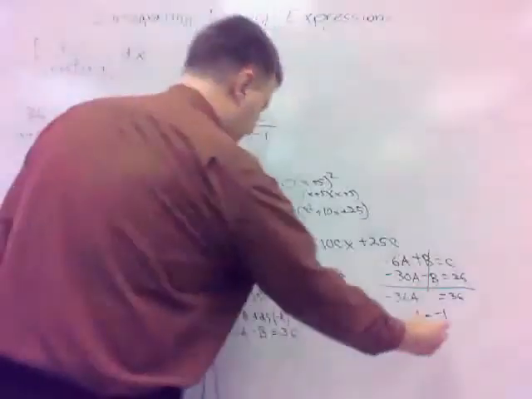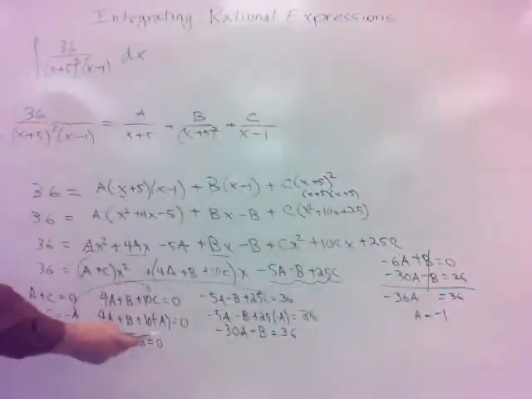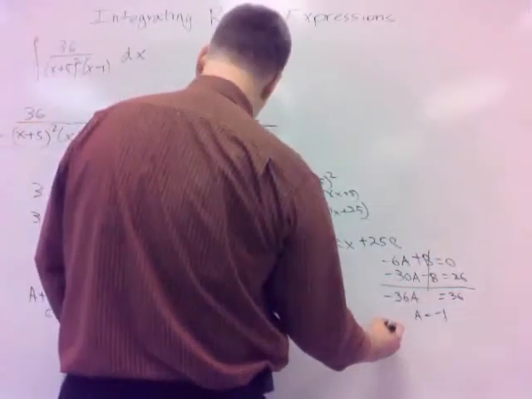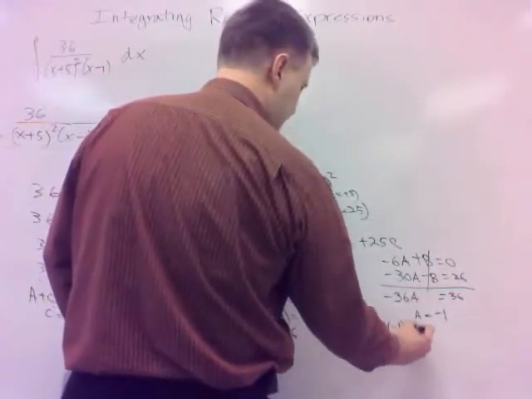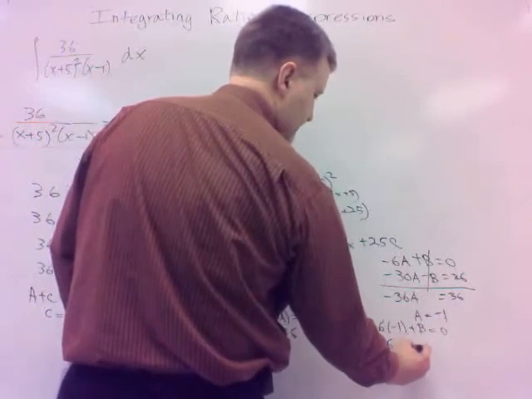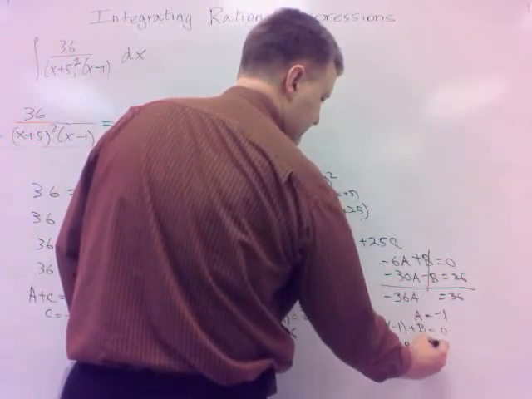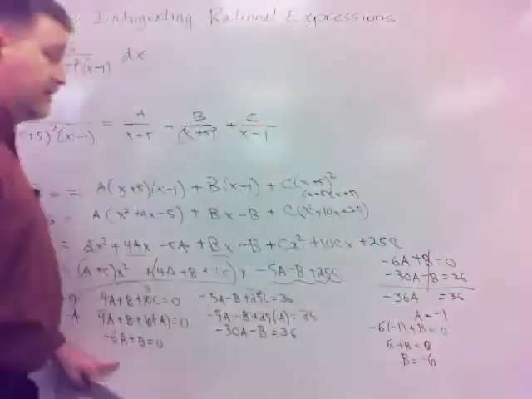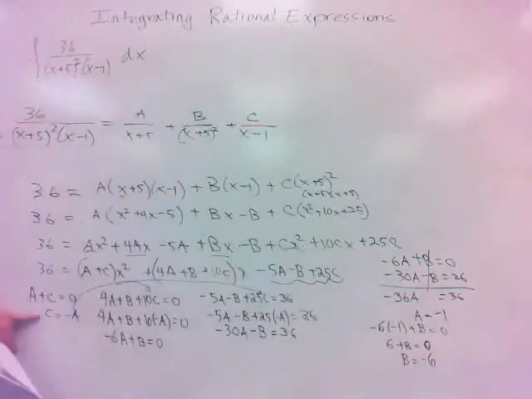Well, if A is negative 1, then I have negative 6A. So I have negative 6 times negative 1 plus B equals 0. That's 6 plus B equals 0. That's B equals negative 6. And also, if A is negative 1, C is positive 1, isn't it?